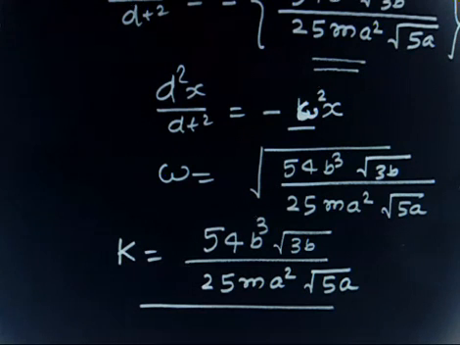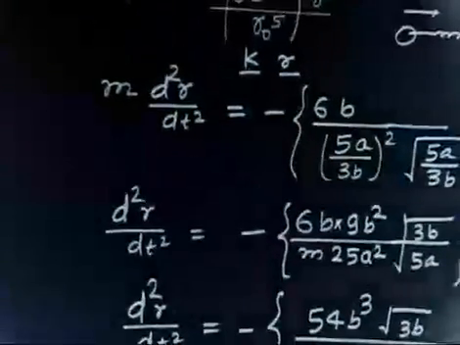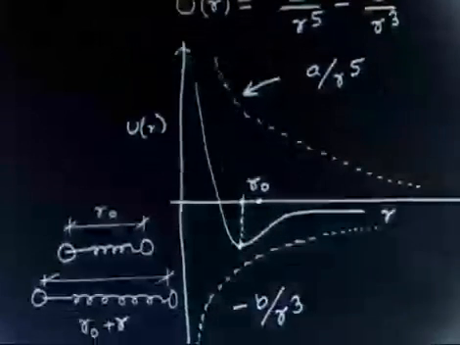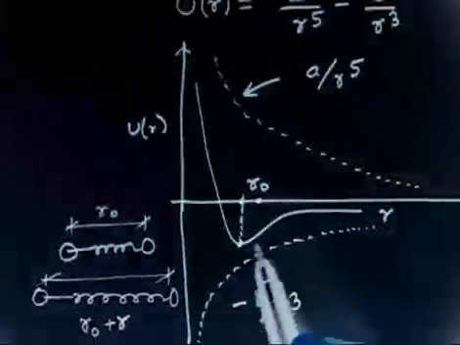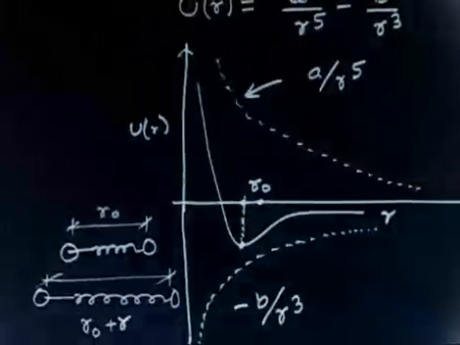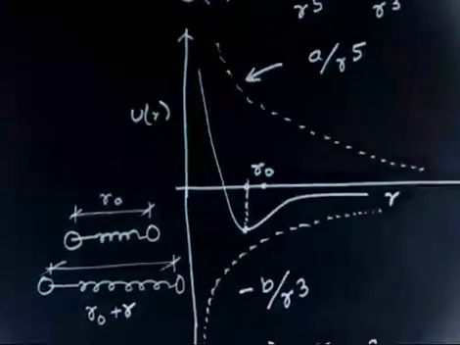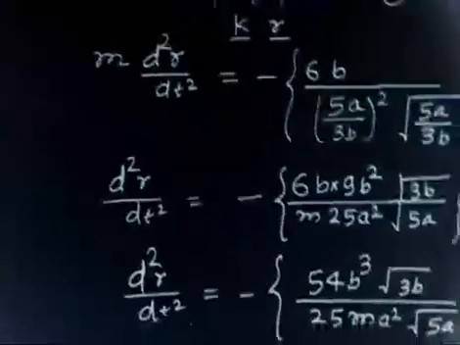If you want to check for stable and unstable, then you have to derive d2U by dr square. But we are not discussing stable or unstable equilibrium. You can clearly look at the graph and say this is a stable equilibrium because this is a minimum position. If you displace from here, it will come back to this side. If you displace from here, it will come back from this side. This is the position of a stable equilibrium.